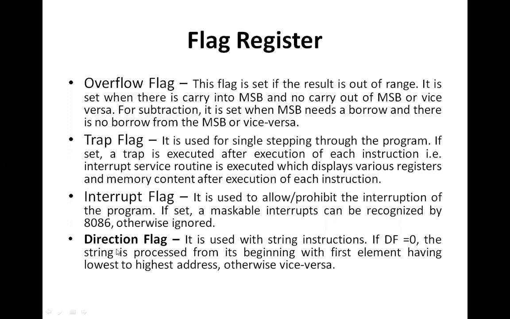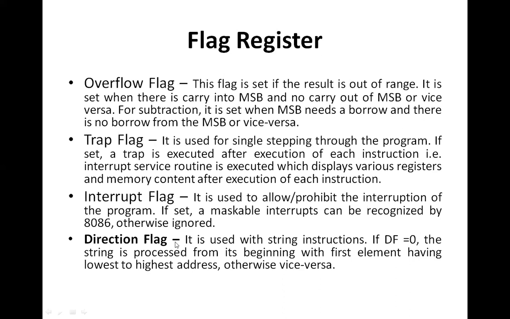Then we have direction flag. Direction flag is most often used while handling the string instructions. If this direction flag is 0, the string is processed from its beginning, with the first element having the lowest address, to the highest address.